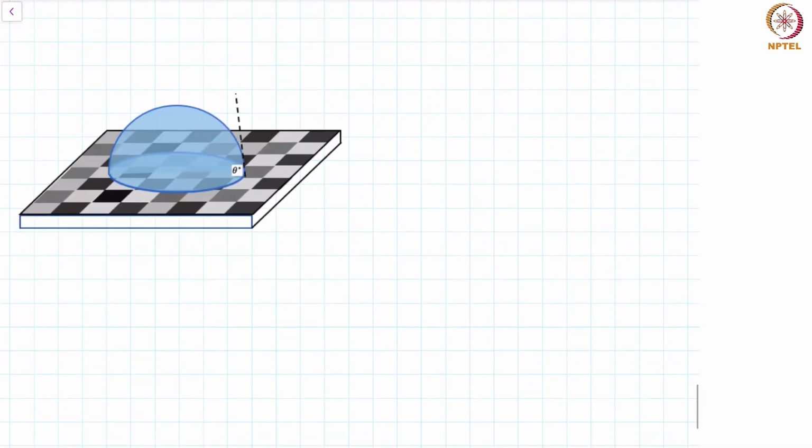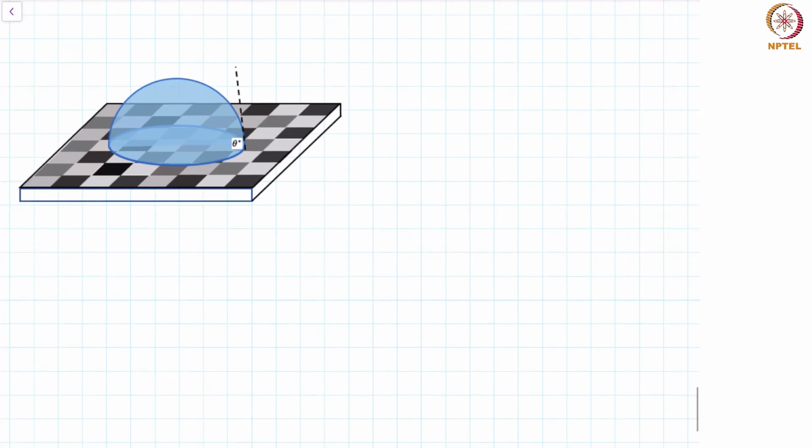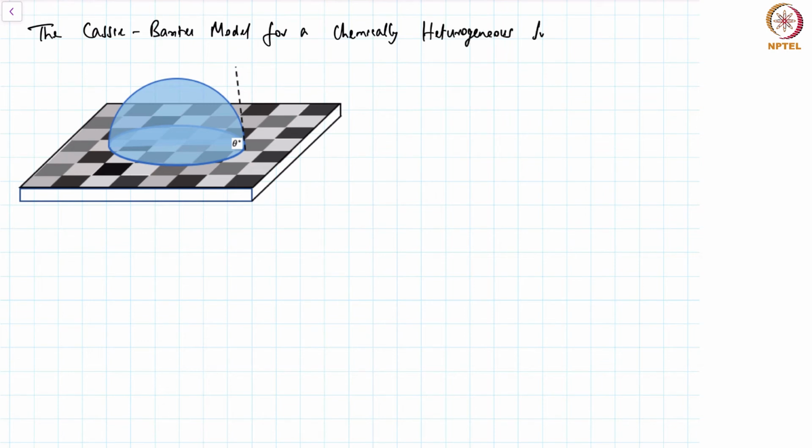Now let's look at the next model. This is the Cassie-Baxter state, a model for a chemically heterogeneous surface.